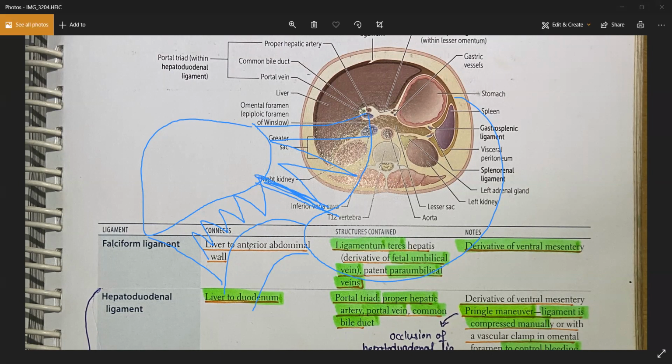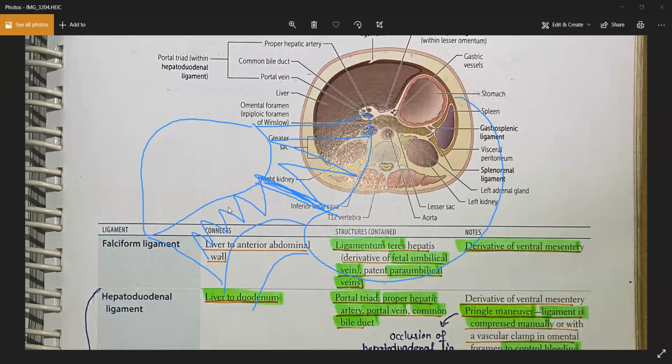Very important. Now, the gastrohepatic ligament contains vessels which supply blood to the stomach, the gastric vessels. The hepatoduodenal ligament contains the structures of the portal triad.